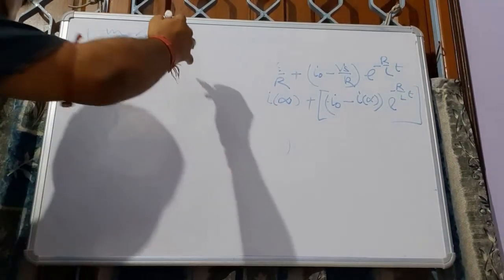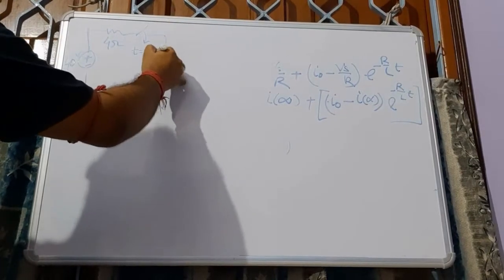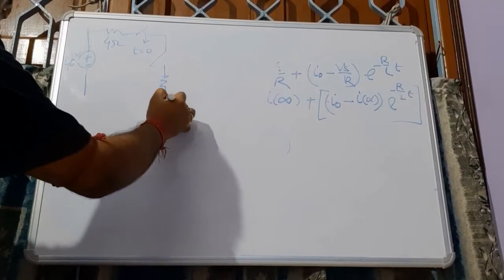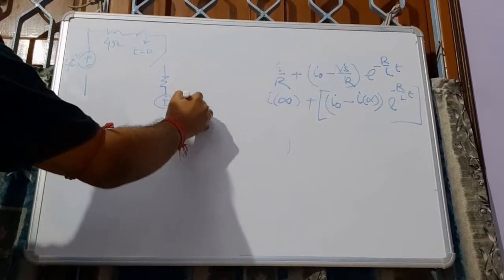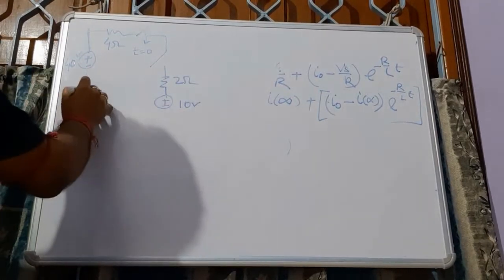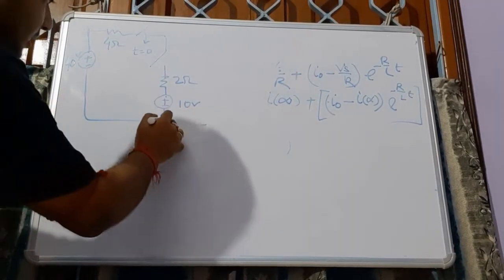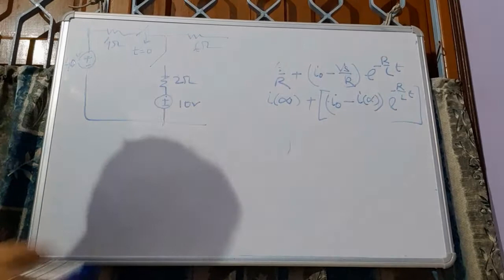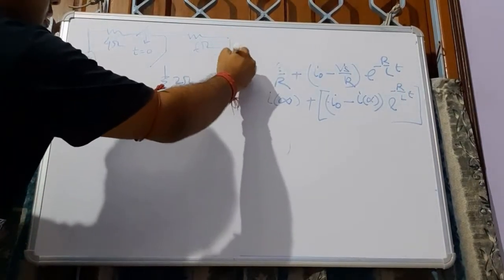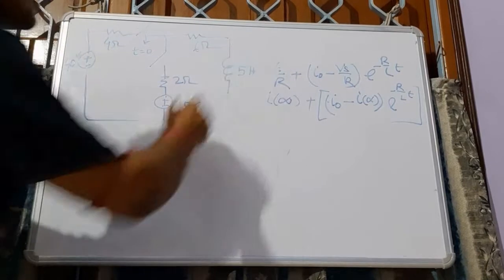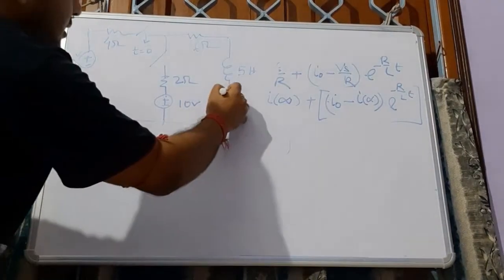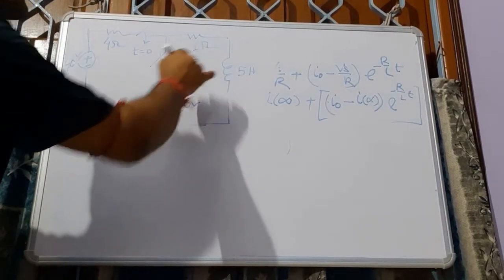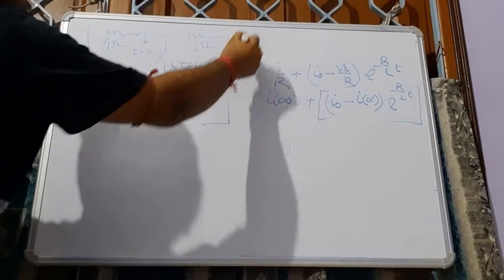Now there is another switch by which a resistor and a voltage source, say 10 volt, and this is 2 ohm is connected to the circuit, and this is a 6 ohm resistor, and this is a 5 Henry inductor, okay. Now this switch is connected at t equals to 4, and this is your i, okay.